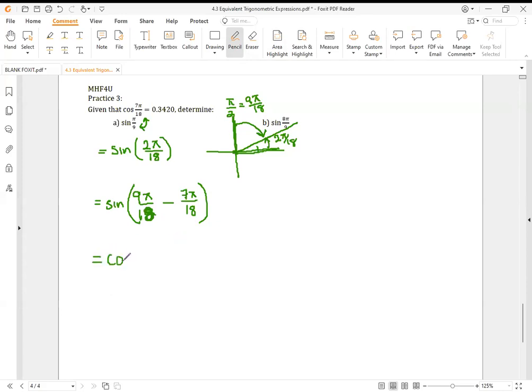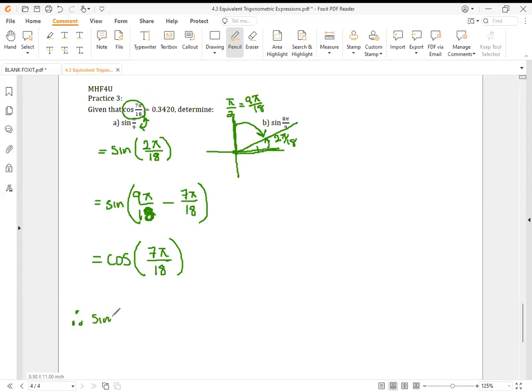Which means if I wanted to convert into cosine, we have that. So in other words, trick question, sine pi over 9 is cosine 7 pi over 18.